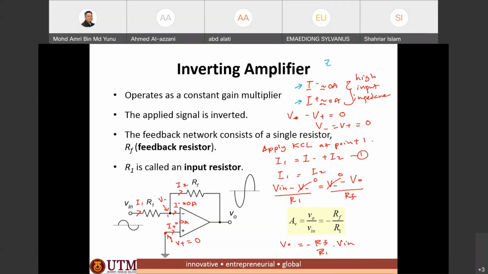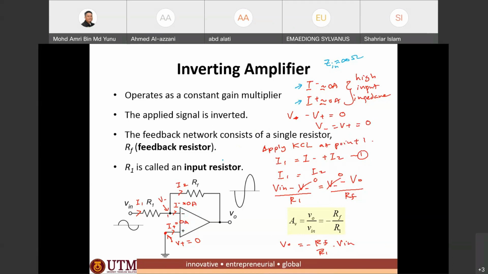So impedance is virtually high, input impedance Z in. So it consumes no current at the inverting or non-inverting inputs.